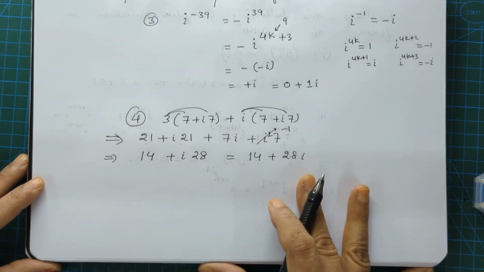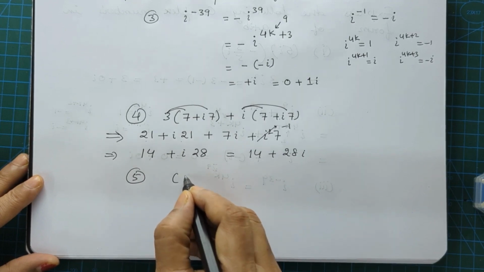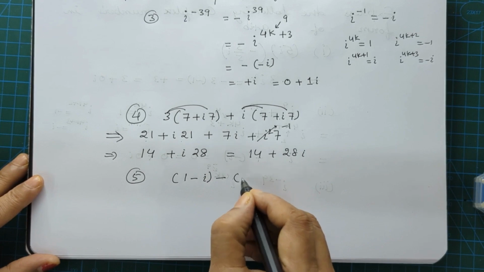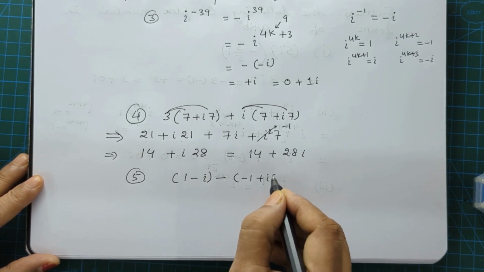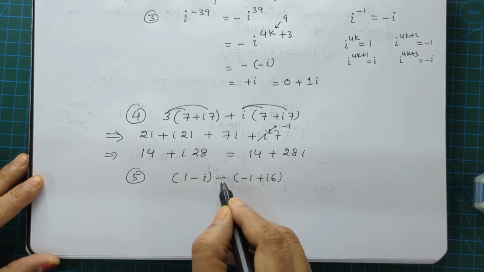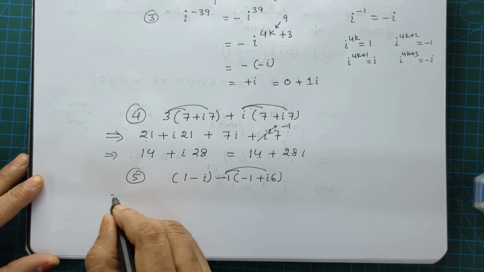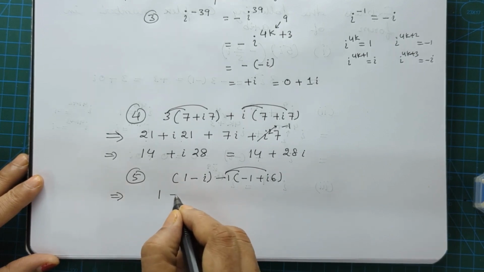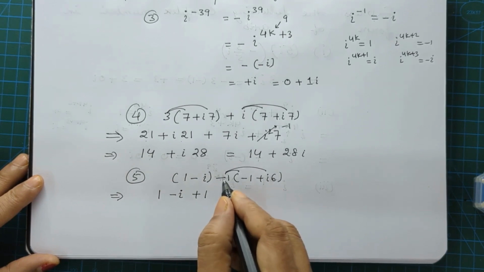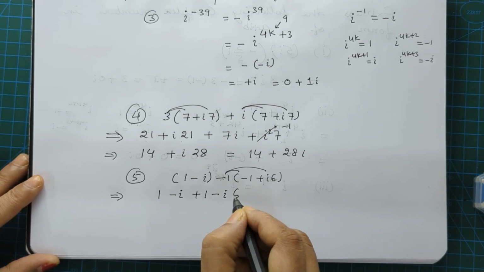Now we go for the fifth bit. The fifth question is, we have to write 1 minus i minus 1 plus 6i in a plus ib form. In this case, we distribute the negative over the second bracket and we will get 1 minus i, minus of plus is minus, 6i.